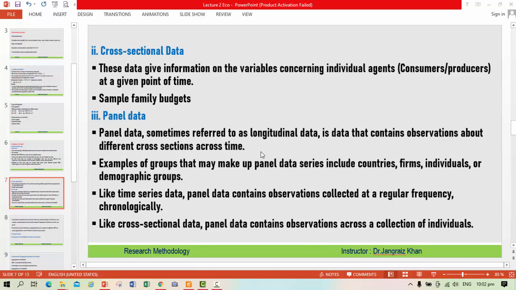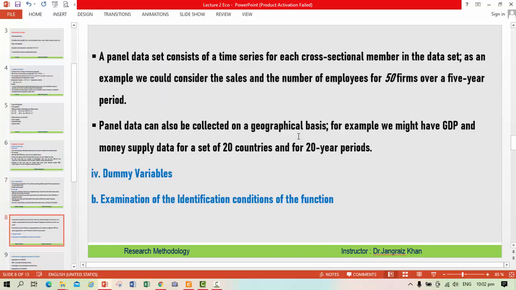Like time series data, panel data contains observations collected at a regular frequency chronologically. Like cross-sectional data, panel data contains observations across a collection of individuals. A panel data set consists of time series for each cross-sectional member in the data set. As an example, we can consider the sales and number of employees for 50 firms over a 5-year period.